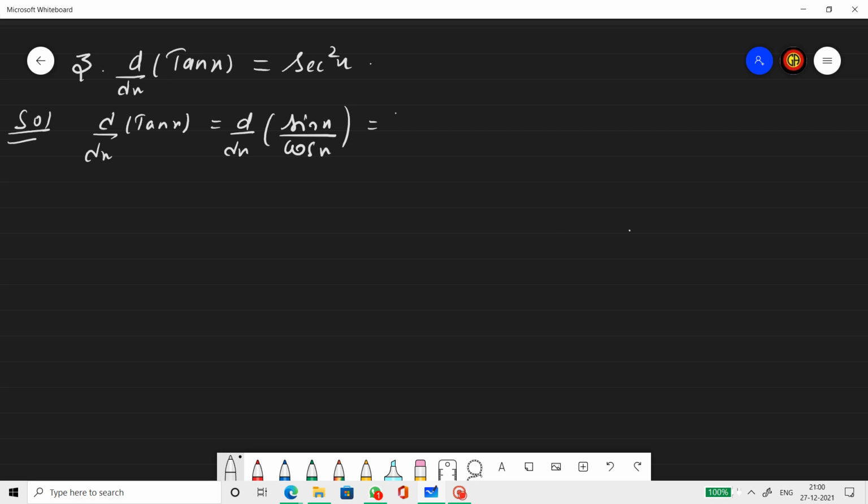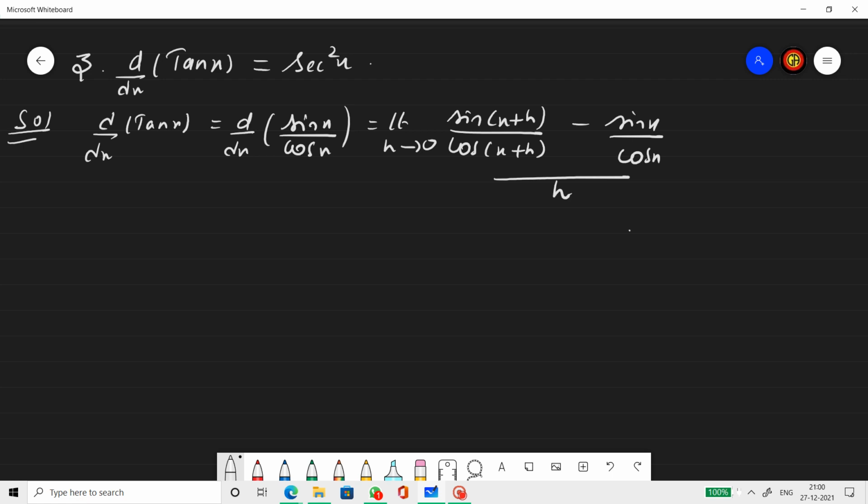Now that means limit h tending to 0 sine of x plus h by cos of x plus h minus sine x by cos x by h. So f of x here is sine x by cos x. So f of x plus h will become sine of x plus h by cos of x plus h minus f of x, which is sine x by cos x.